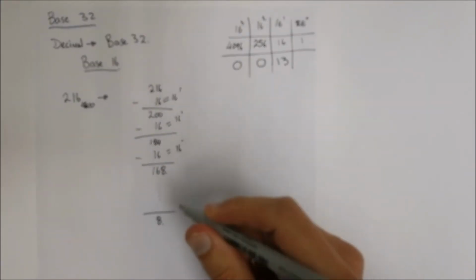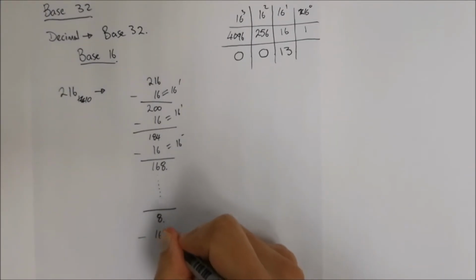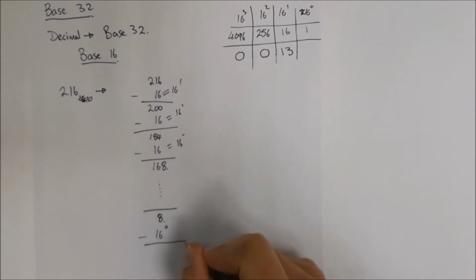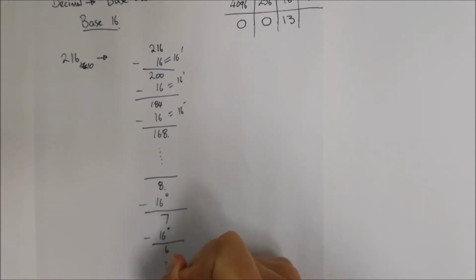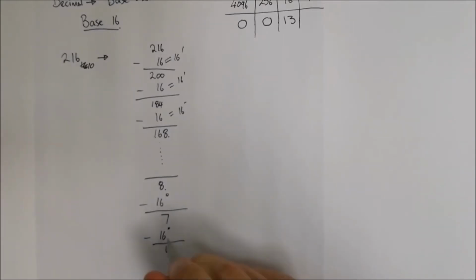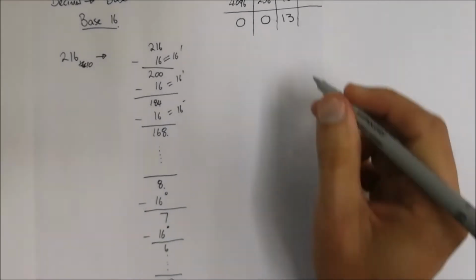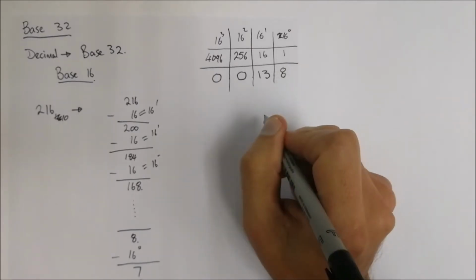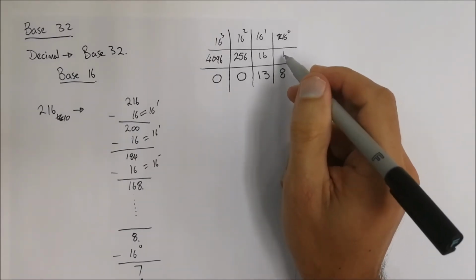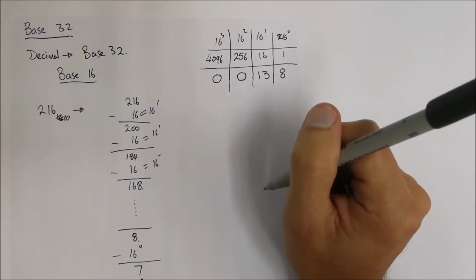Now we're going to be looking at subtracting 16 to the power of 0, and we're going to end up with 7. And we're subtracting again 16 to the power of 0, and we're left with 6. We can keep on going like that until we get to 0. We're going to essentially do that 8 times. And therefore we can indicate that 1 goes into 8, 8 times.